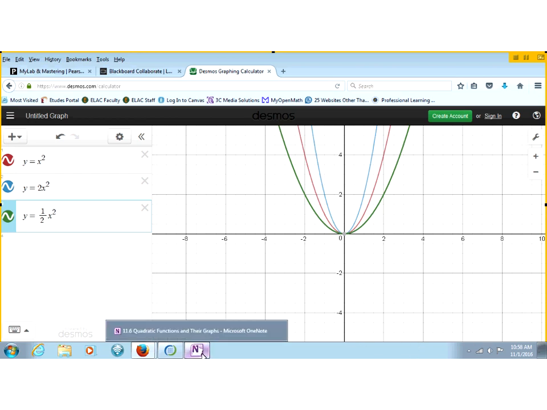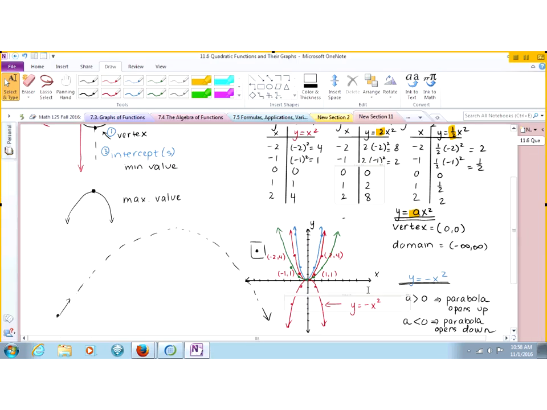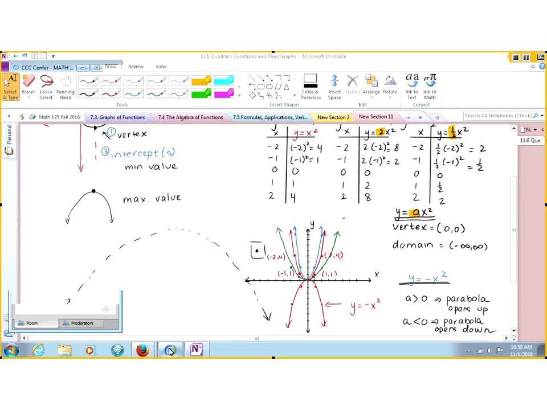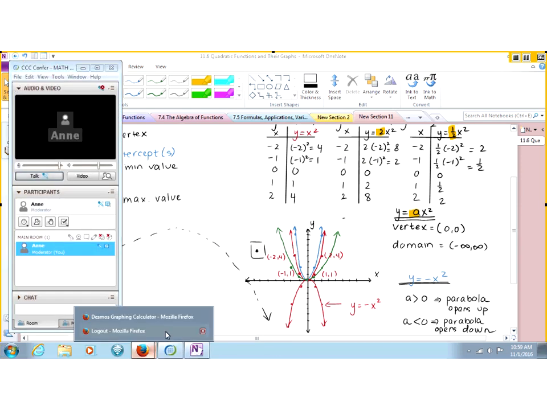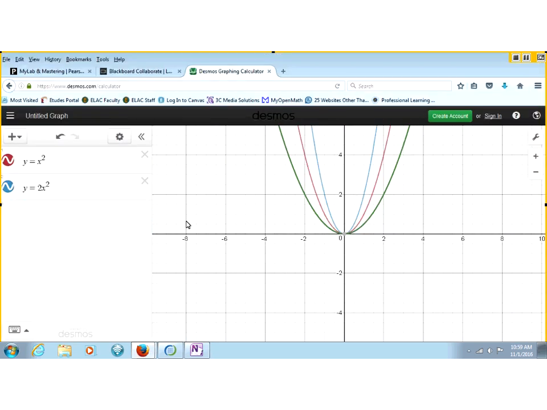Now, let's go back to our journal and explore a little more. It's wider if it is a half, and it's narrower if it is greater than 1. So it's vertically stretched. We call the graph y equals 2x squared vertically stretched.